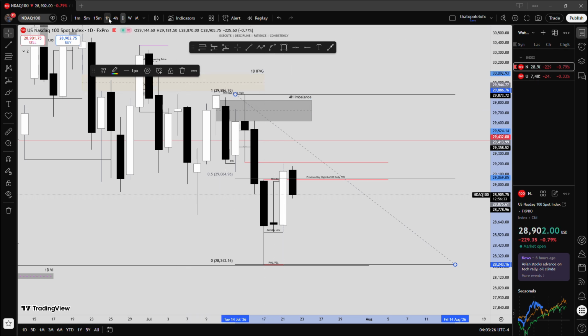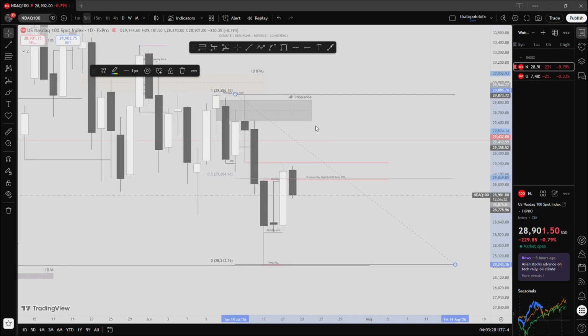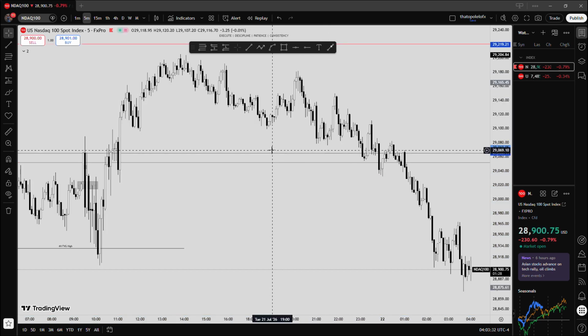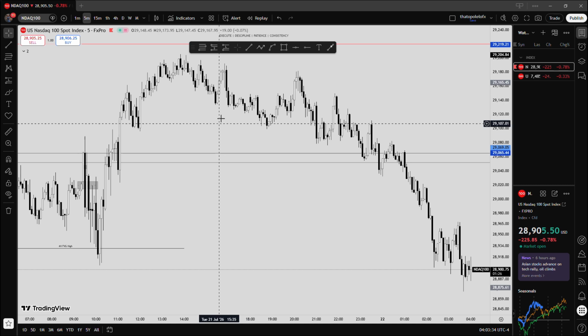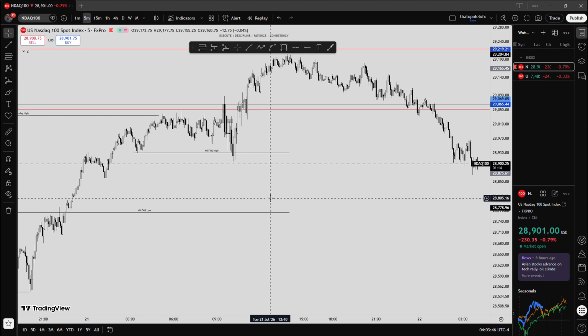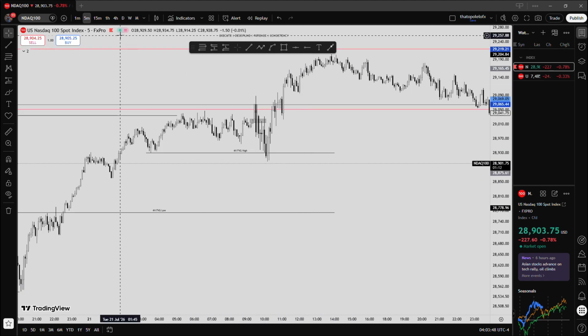I usually wait for price to print for at least 10 minutes, and then I start looking for my entry from 9:40 through 10 a.m. or even 11 a.m. If I don't get anything between then, it's not a trading day. I'm not going to trade that day.